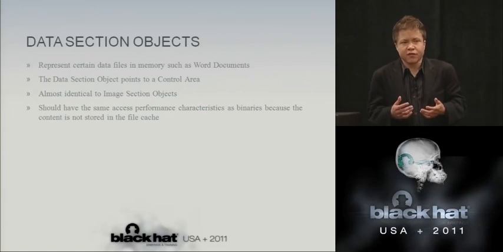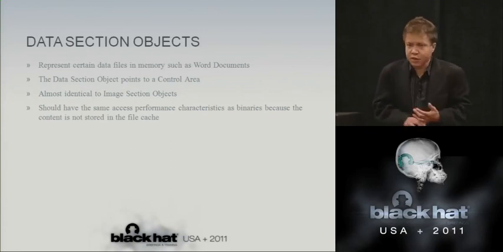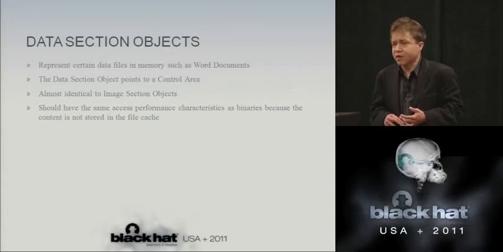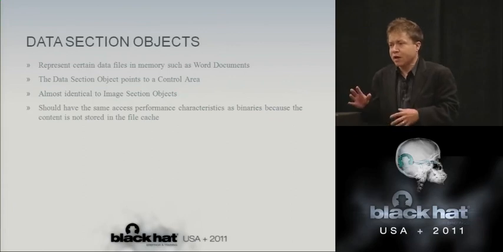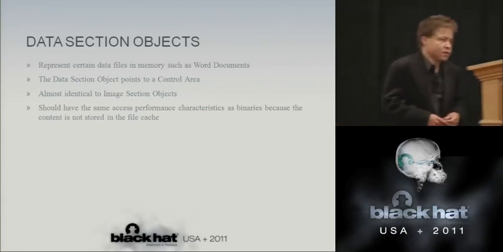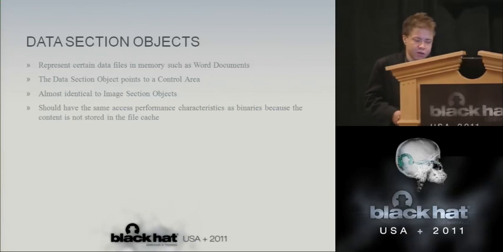So instead of your file going to cache like a PDF would, Word documents and other Microsoft Office documents go into a data section object, which performs a lot better than the cache would. And we're going to show you how you can use this in a moment.